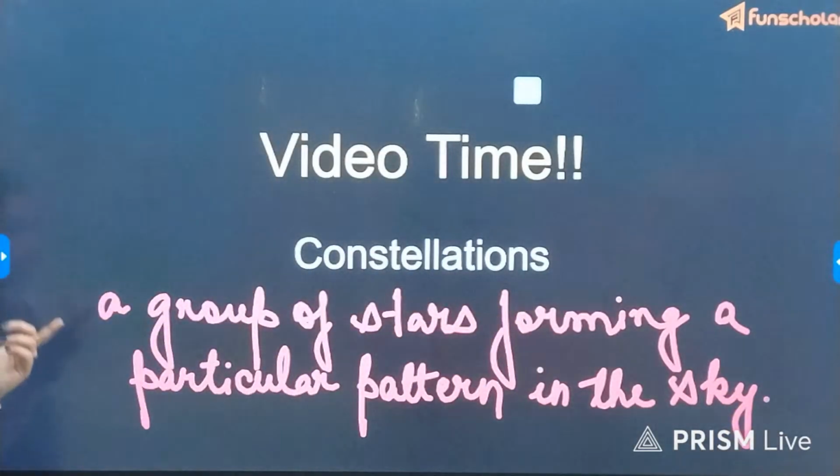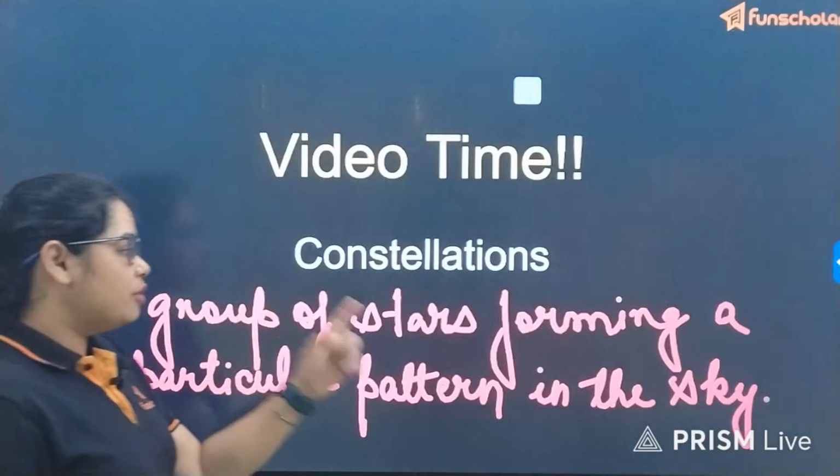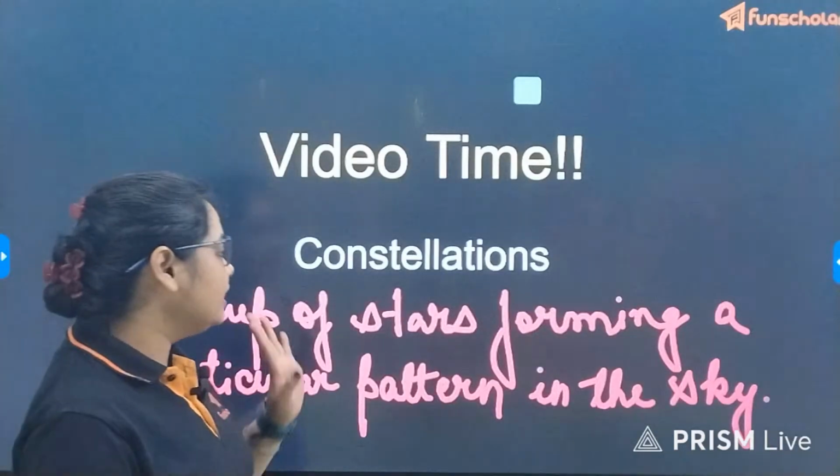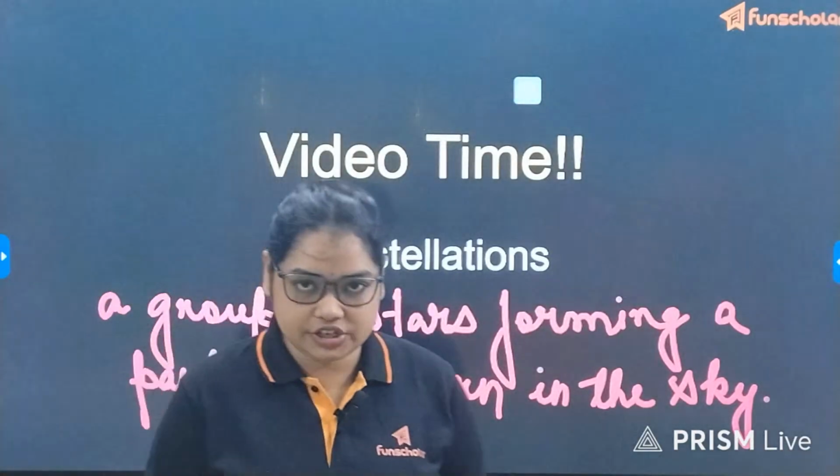Right? A group of stars forming a particular pattern in the sky, and that is only a constellation.